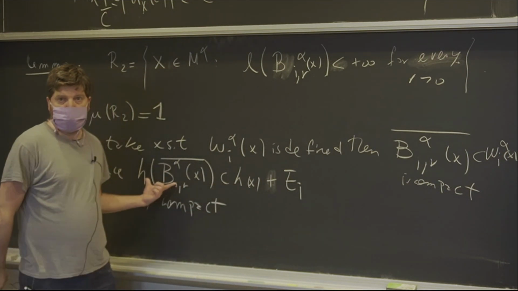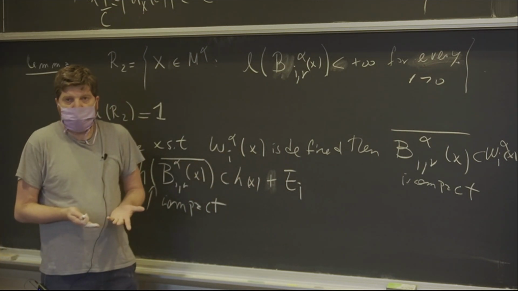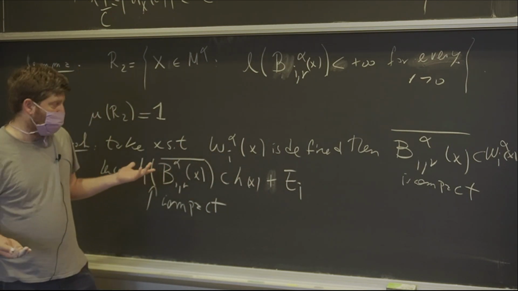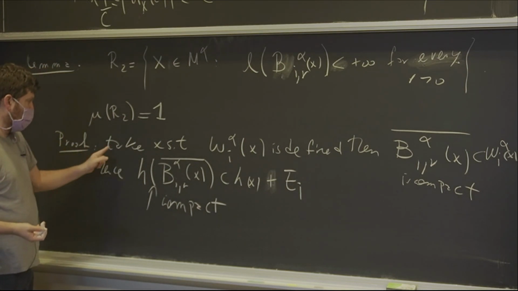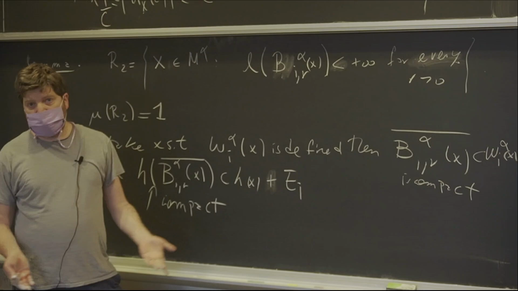And so you are compact in this line, and a compact interval in this line has finite length. That's it. So why does it have full measure? Because the points where this is defined have full measure. And that's all I need to know.